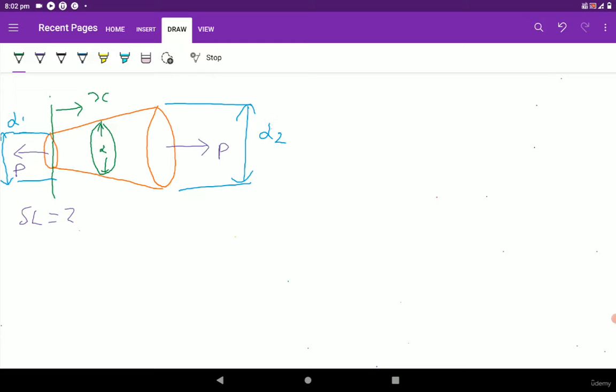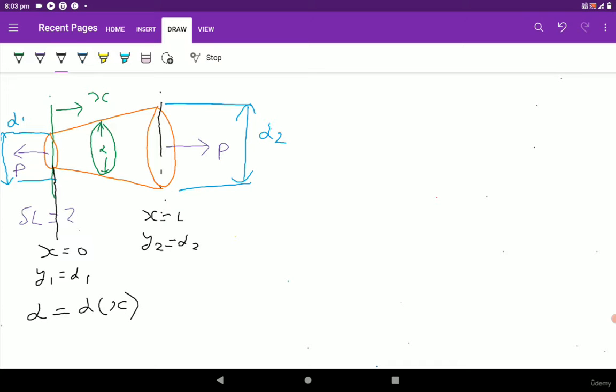So at this point it is x equal to 0 and y1 equal to d1, and at this reference point x is equal to L and y2 equal to d2. Here d is varying, so this is a function of x.